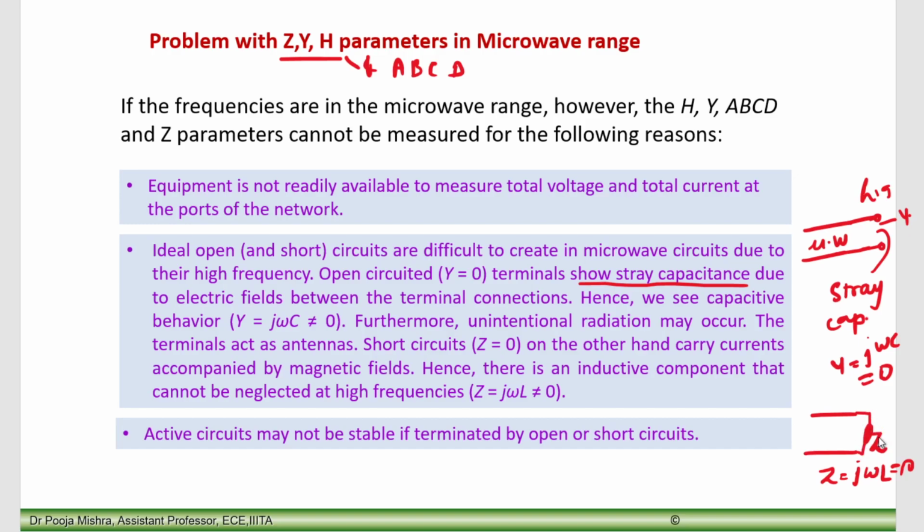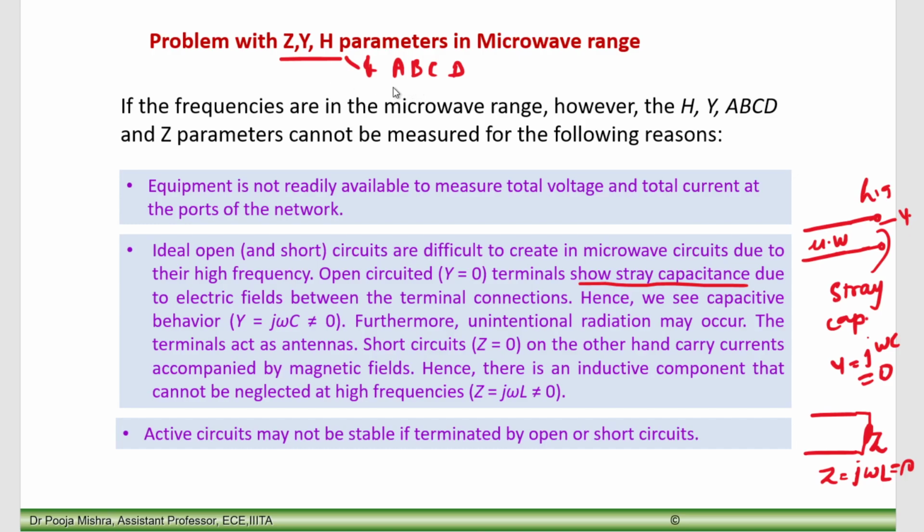The current flow through this short circuit will change because of the inductance appearing here due to high frequency. So system behavior will not be stable in high frequency applications if you create an open circuit or short circuit condition. These are the problems that may appear in the microwave range if you want to measure total voltages and currents, and create open and short circuits to analyze the circuit using z, y, h and abcd parameters.